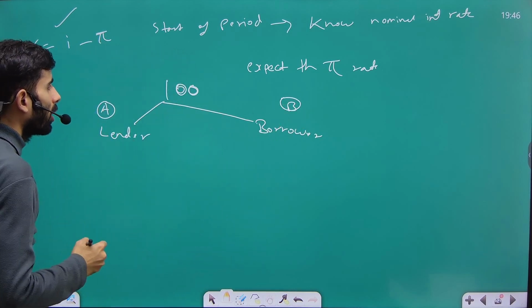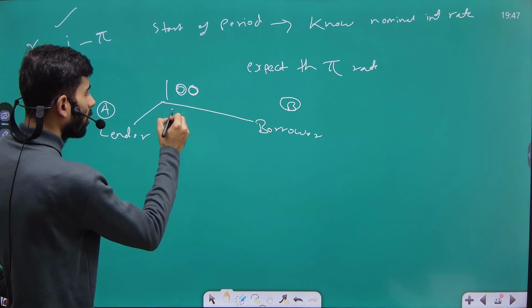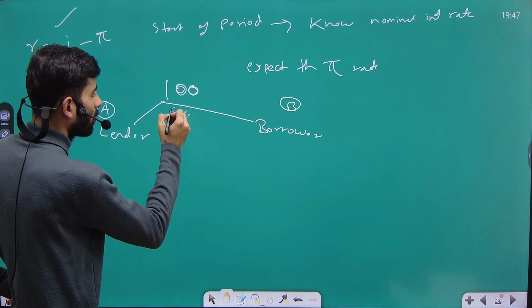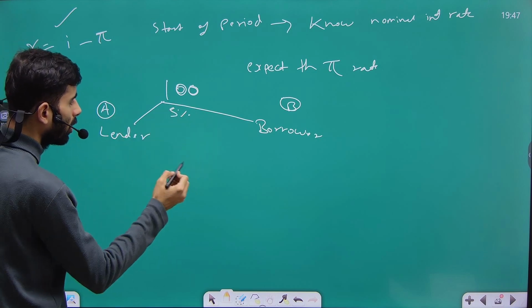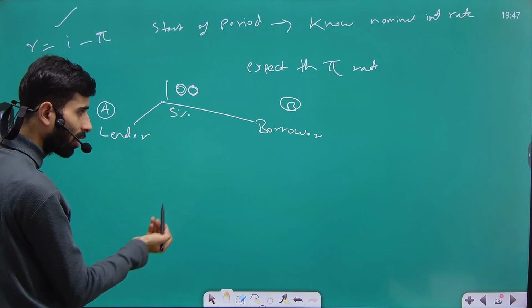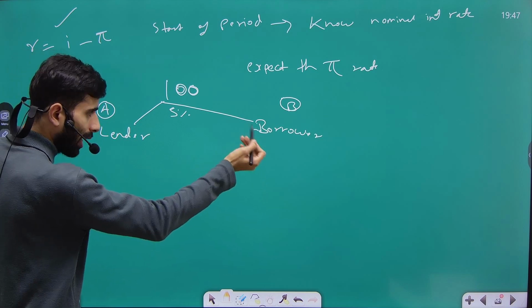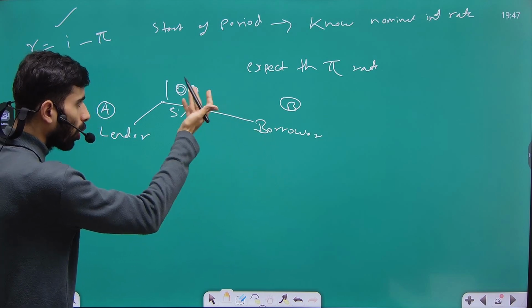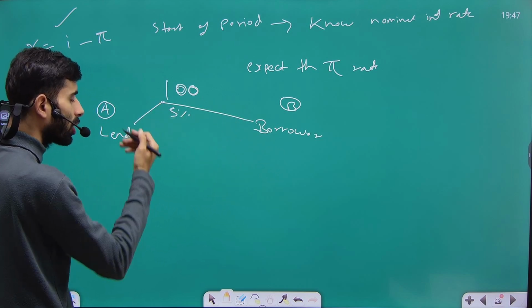Now both know that the nominal interest rate in the market is 5%. So if person A is going to lend 100 rupees, then he will get 5% as the rate of interest, and the borrower knows that if he is going to borrow this 100 rupees, then he has to pay 5% as interest rate.